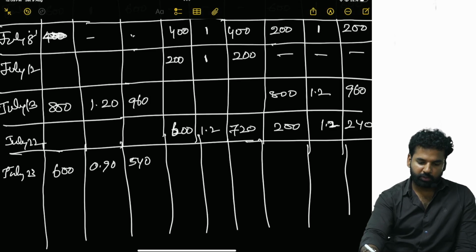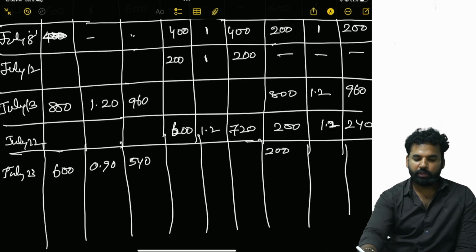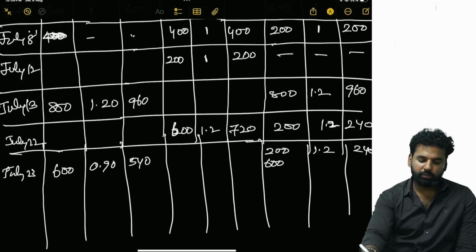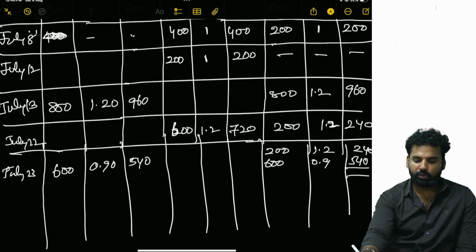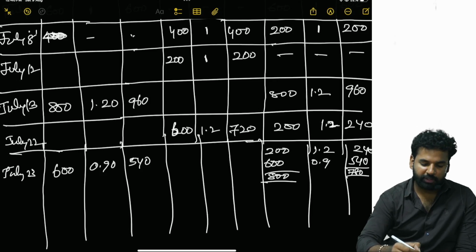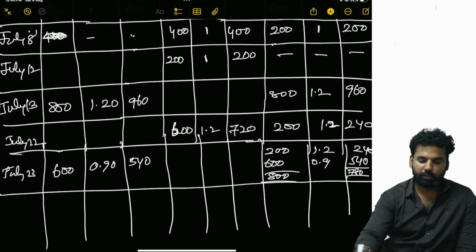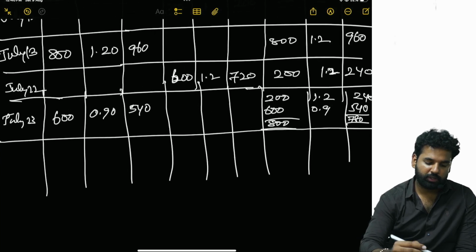So now what will be the closing stock? 200 into 1.2, 240 rupees closing stock. Along with this, 600 into 0.9, 540 rupees closing stock. Totally how much? 800 units, and 780 rupees worth of material will be there. Correct?